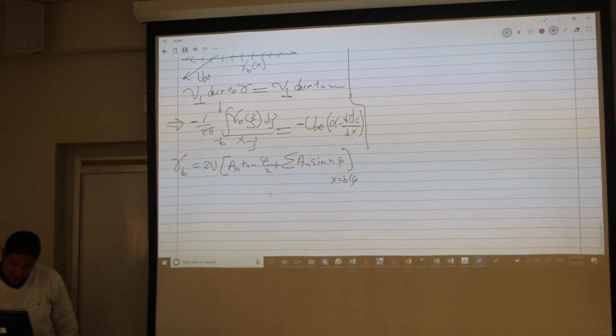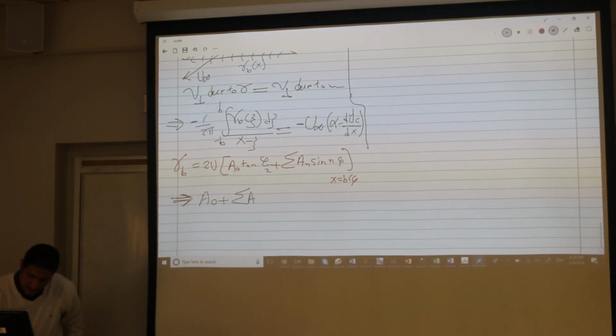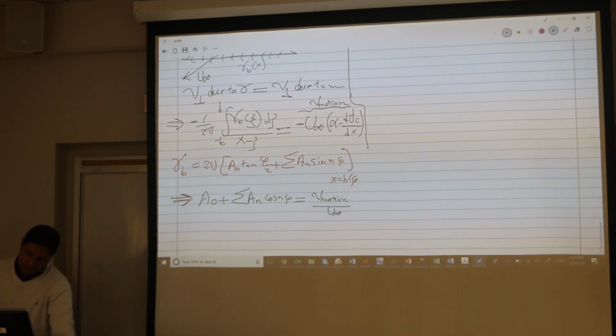If you plug this formula in your governing equation, you get the no penetration boundary condition in this form: A naught plus summation A_n cosine n phi equals the same thing divided by U infinity. So this is actually the v motion divided by U infinity as a function of x or function of phi.